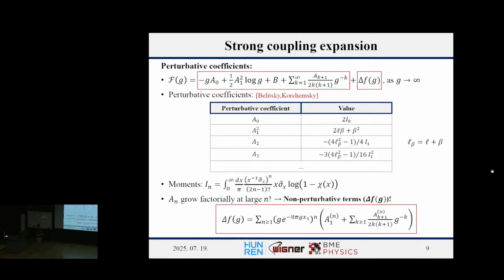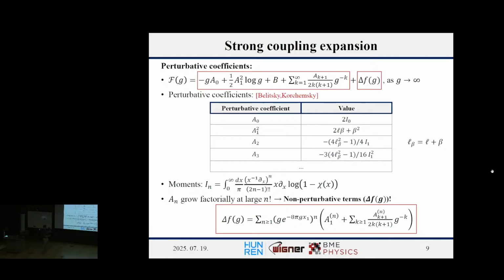I will talk in more detail about how you can determine these coefficients, getting the whole perturbative part of the observables. But if you choose one specific example from these observables and put in these parameters, you will find that these coefficients grow factorially, so they cannot have any physically or mathematically meaningful resummation. So you need to include exponentially small corrections as well.